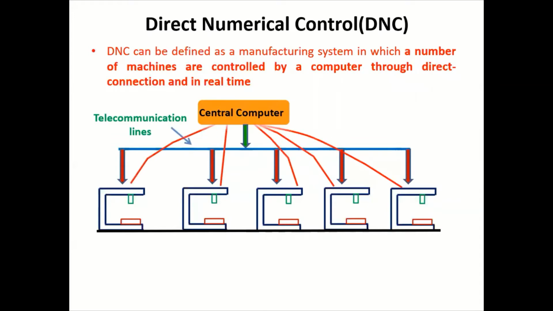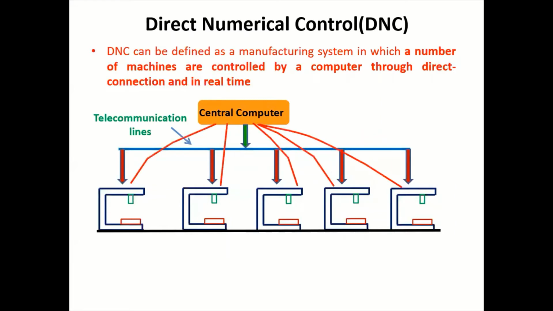Now, one large computer can be used to control more than hundreds of separate machines, and DNC involves data collection and processing from the machine tool and back to the computer. You can see here, whatever data processing is going on at the machine tool, it will be transferred to the central computer, and if any corrections or any problem is there, then we can correct it.